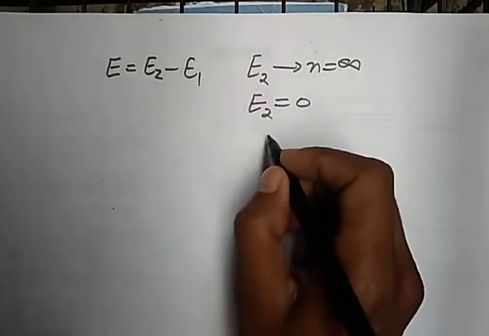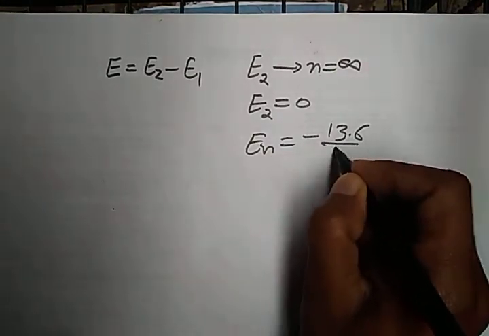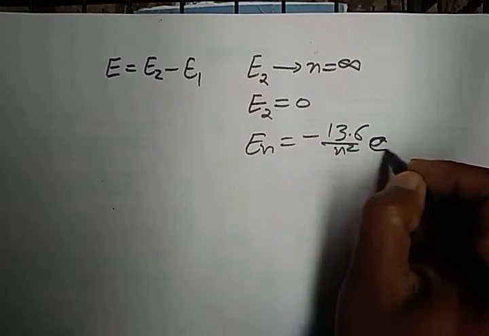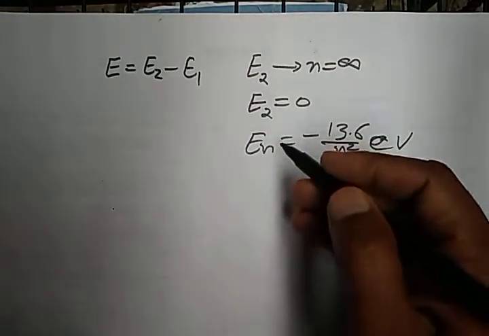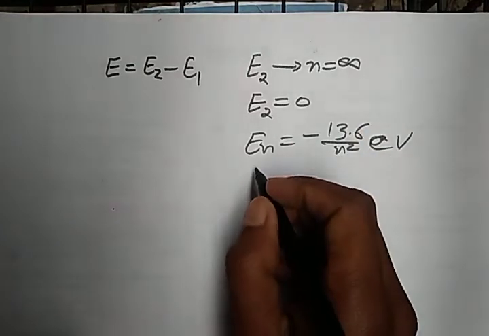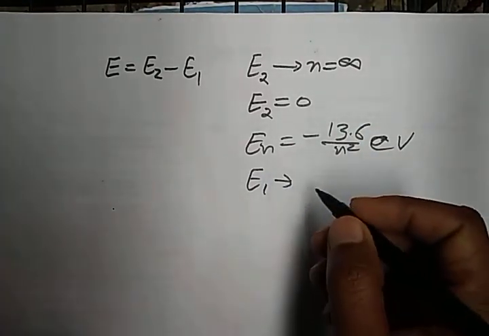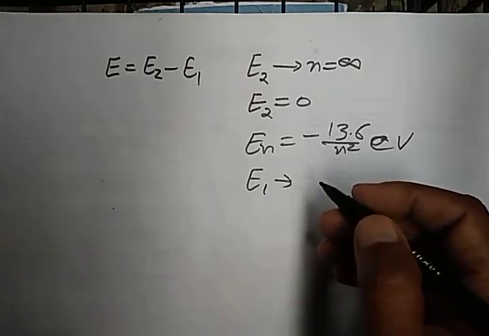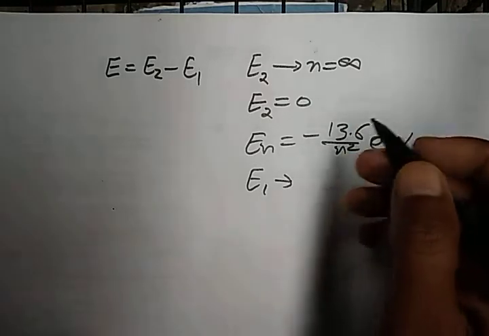Why? Because we know that En is equal to minus 13.6 upon n square electron volt. So if n is infinite, the value of E will be 0, and E1 corresponds to ground state because they have asked for hydrogen, so it's ground state.